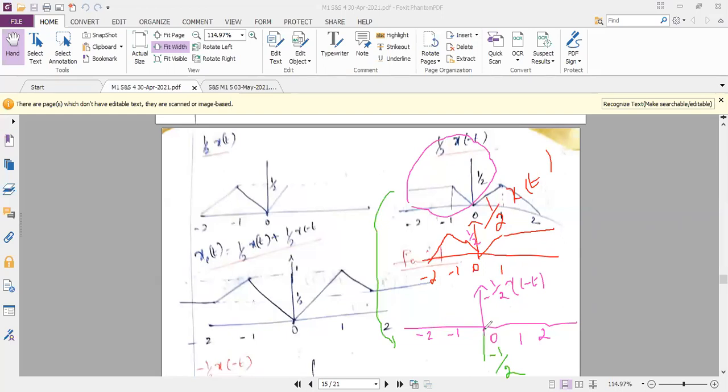At minus 1, it was plus 1 by 2. Now it is minus 1 by 2. And here it goes like this. And at the positive side of t, so earlier it was plus 1 by 2 at 1. Now it is minus 1 by 2 at 1. The remaining things are same. Any doubts in this?